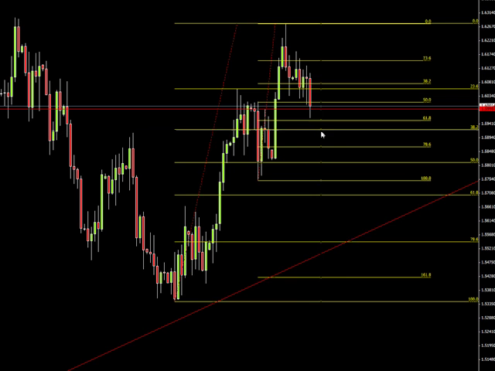So that looks like a possible buy opportunity around that area, that 61.8 and the 38.2, if price decides to get down there, because you've got double confluence with those two Fibonacci levels. The trend is up. Just going to watch that area there. I'll mark it here. What I'll do is draw a box in there now. So I've drawn this box in here. That will be the buy window.